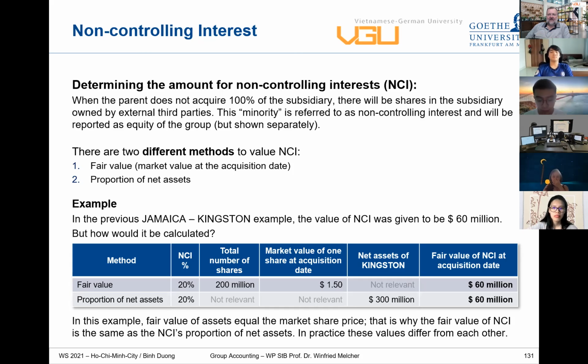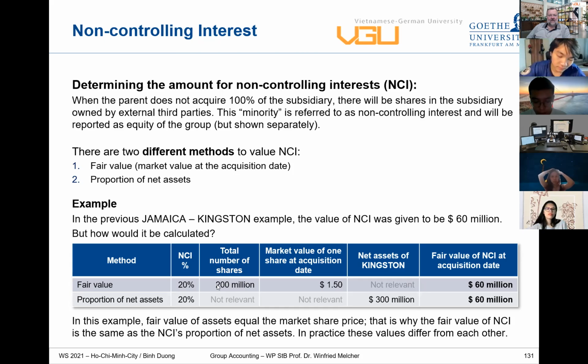So here is an example. In the Jamaica Kingston example, we said that the value of NCI was given with a 60 million amount, but how did we get to that? So here is the fair value method, and that says we can take the fair value. We know that the total number of shares is 200 million.